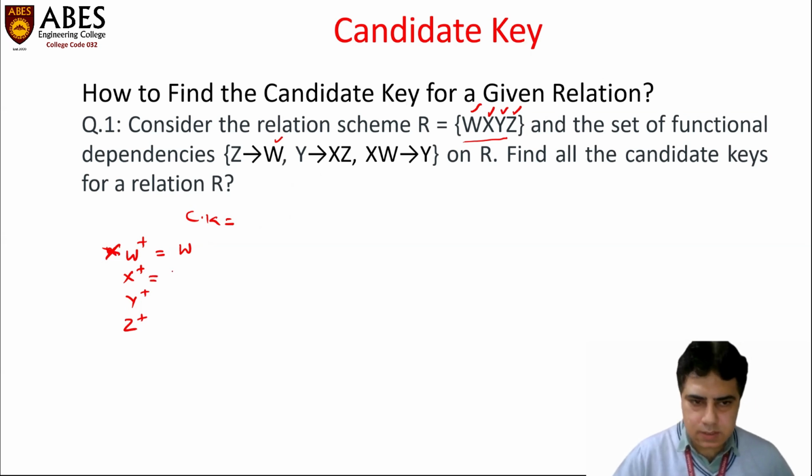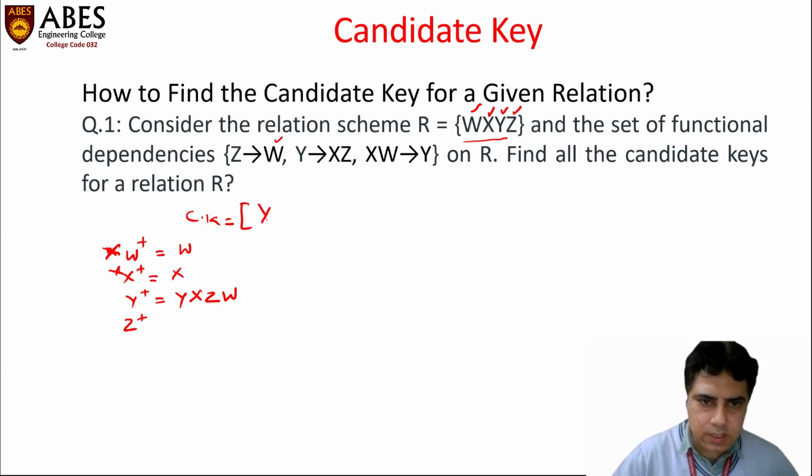Now from X, we can determine X, and we cannot determine anything else. So this is also a failure case. Now from Y, we can determine Y. From the Y, we can determine XZ, and from the Z, we can determine W. So we can determine all the attributes given in the relation R. So this is our first candidate key that we have found.